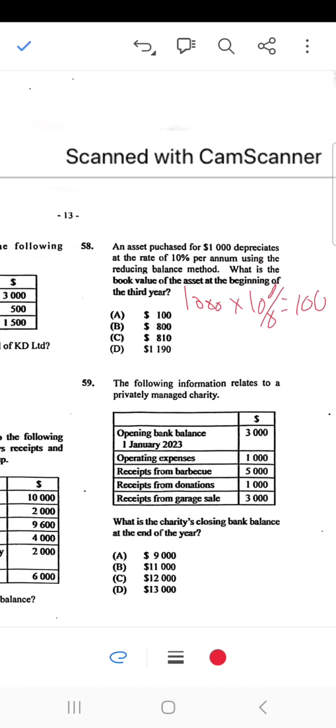So the value is now 900. At the end of the second year, we would have lost 10% of 900, which is 90, which makes the value 810. That means it starts off the third year with the value of 810.